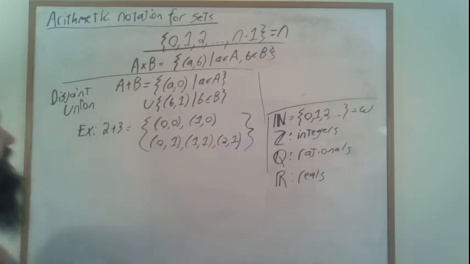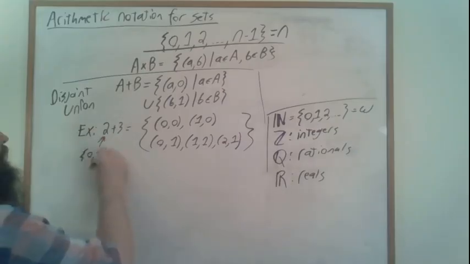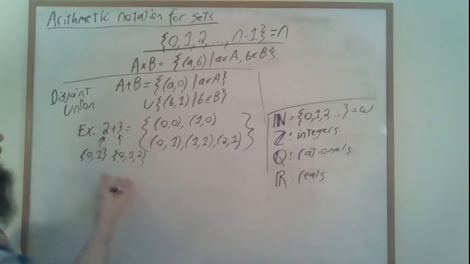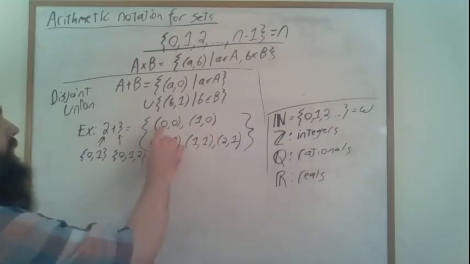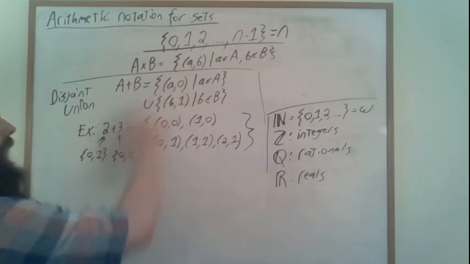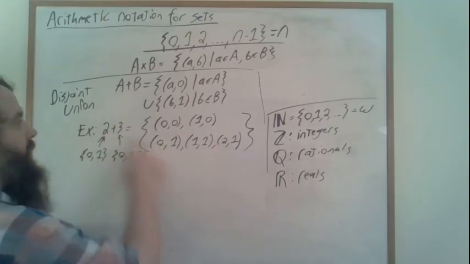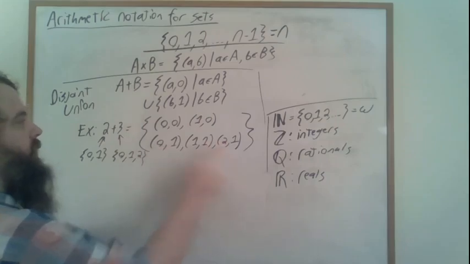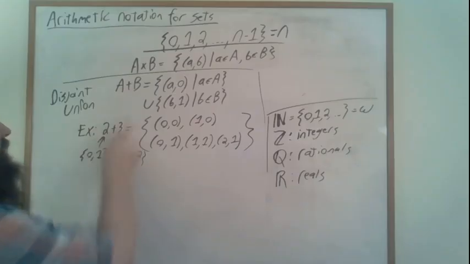And just to do a quick example, 2 plus 3, again, 2 represents the set 0, 1, and 3 represents the set 0, 1, 2. In this notation here, 2 plus 3 represents the set of all pairs: an element of 2, either a 0 or a 1, followed by a 0 to indicate that it was from the first addend, from this set here, or an element of 3, a 0, a 1, or a 2, followed by a 1 to indicate that it's from the second addend of the sum.